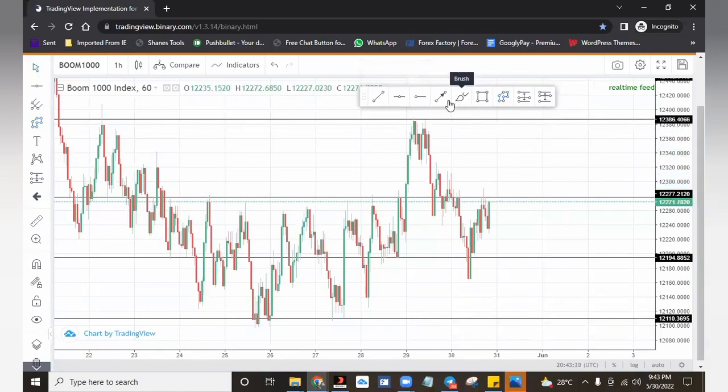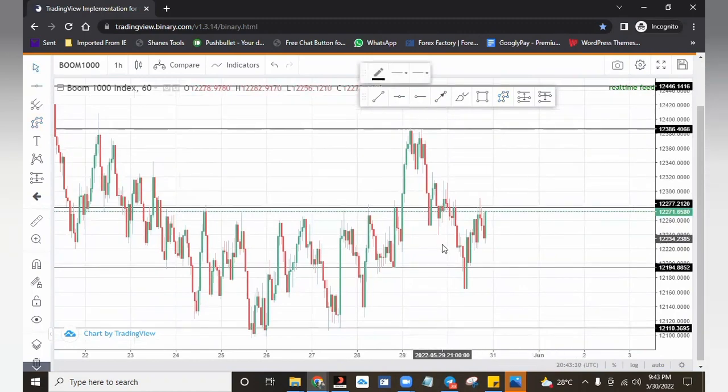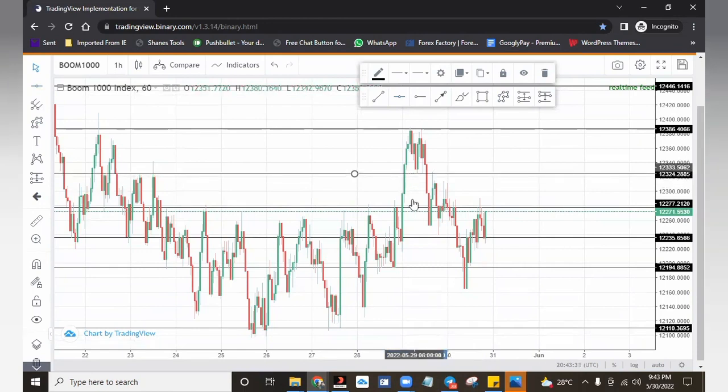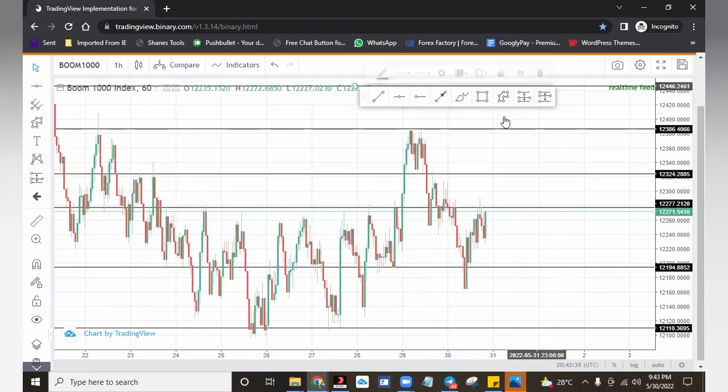Or if price decides to come back down since it's at resistance currently, then I know I should sell all the way down to here, and that's quite a lot for me. It's easier and better that way than putting lines everywhere and wondering where do I sell from, where do I buy from? So take note of that.